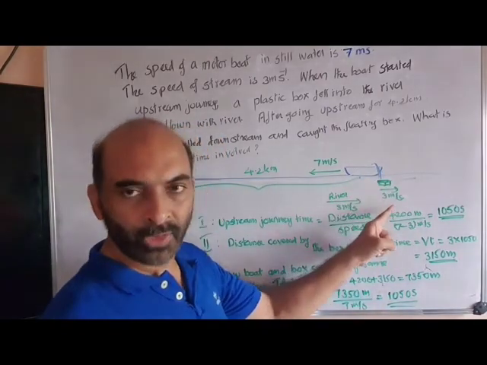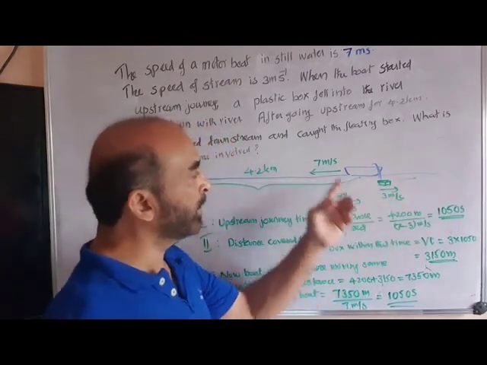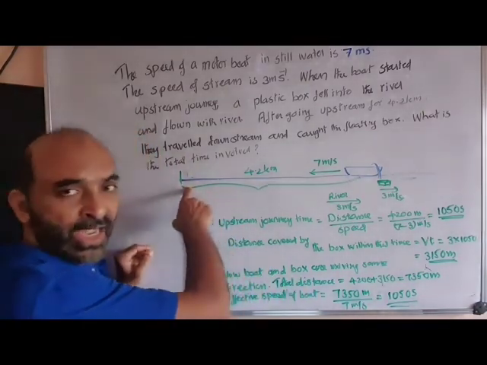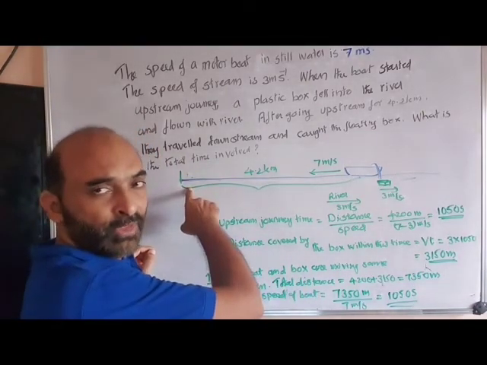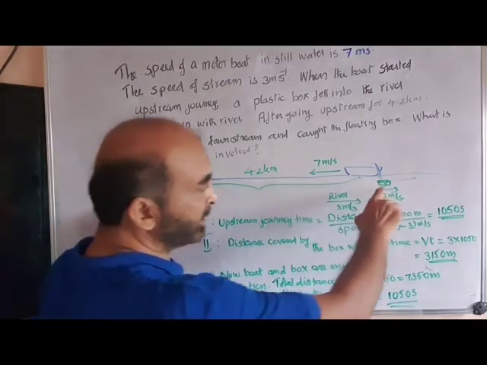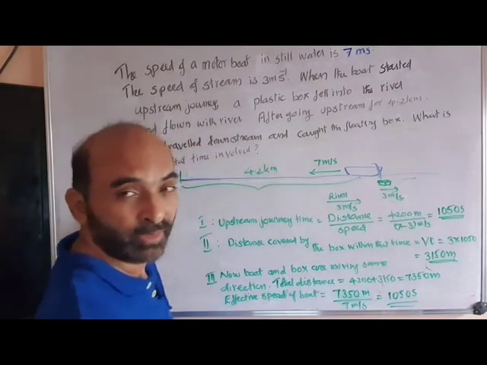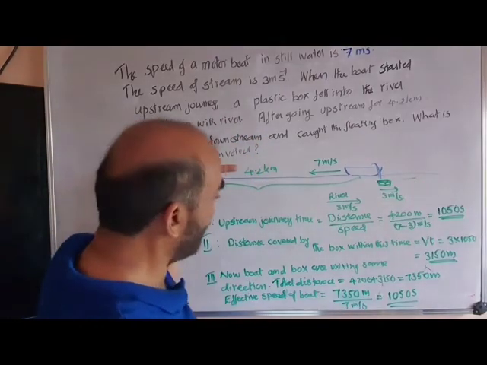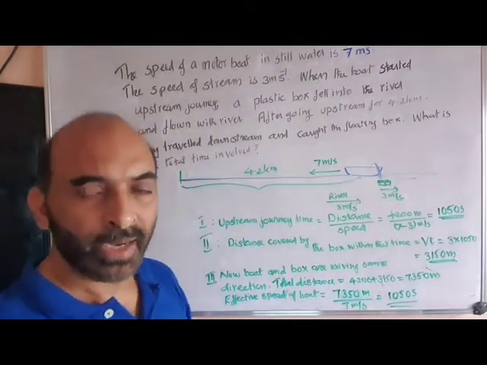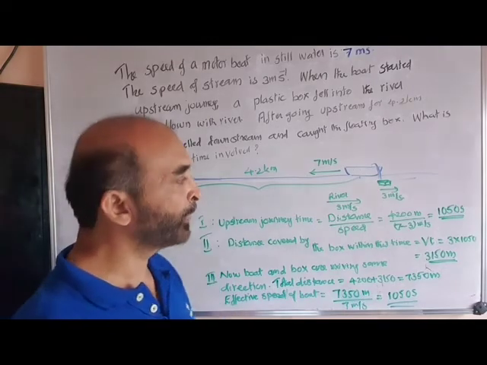Once it fell into the river, it started moving along with the river with the same speed. They traveled 4.2 kilometers against the direction of the flow of the river. Once they reached there, they started coming back. By the time, this box might have gone ahead along with the river, but they managed to come and catch this box finally. And we have to calculate the total time involved in the whole process.